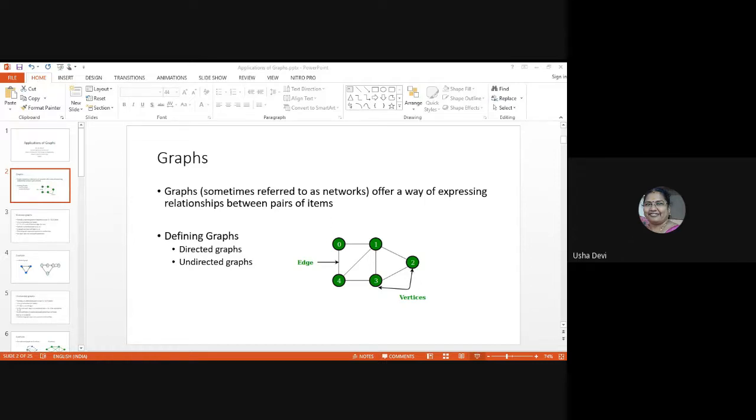Based on that, the connectivity has to be made, and that is called an edge. In this case, from 0 to 1 there should be some communication. It means that we are passing some information from 0 to 1. Similarly, from 1 to 2, 2 to 3, 3 to 4, and 4 to 0, and again 4 and 1, those are connected. And so totally, how many edges do we have?